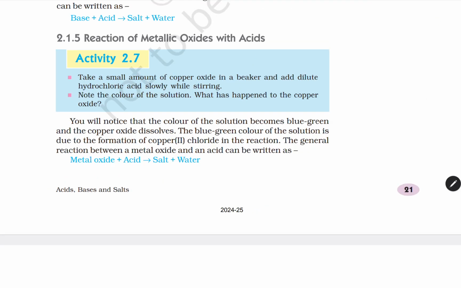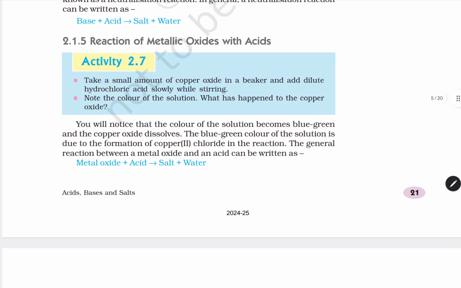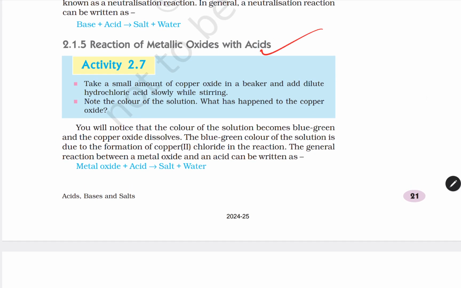The next activity is the reaction of metallic oxides with acids, which we are observing here. To observe this, we are taking copper oxide, which is a metal oxide. We take copper oxide, CuO, and add dilute hydrochloric acid, HCl, slowly while stirring. We are stirring both of these here.